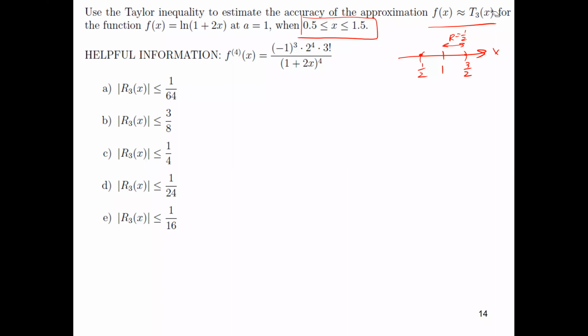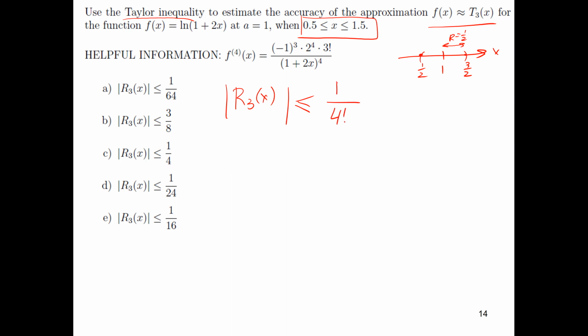Okay, but using the 3rd degree polynomial approximation and Taylor's inequality, let's write the formula. The error of the 3rd degree polynomial approximation will be less, and we remember also from the alternating series estimation theorem, will be less than the next term, which means 4 factorial.